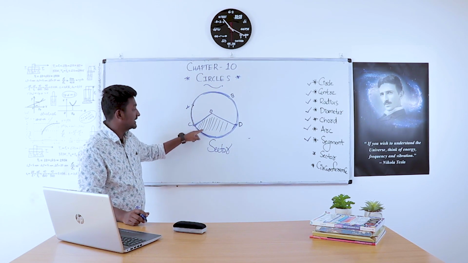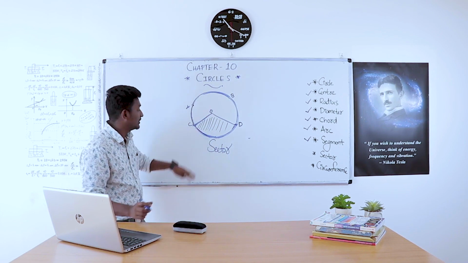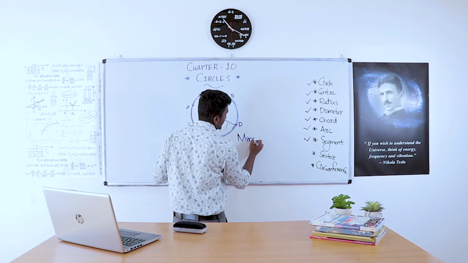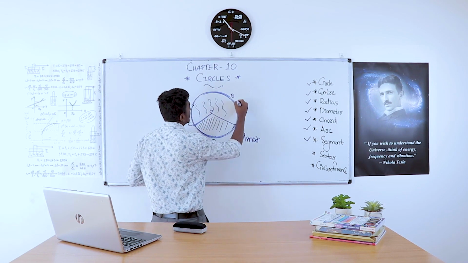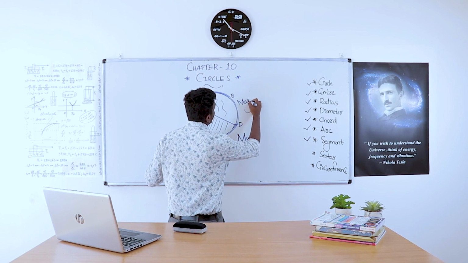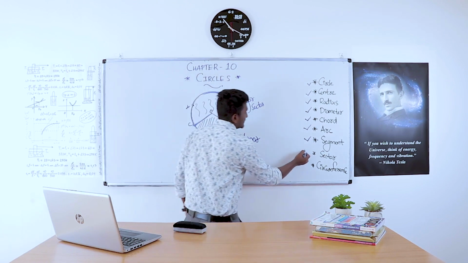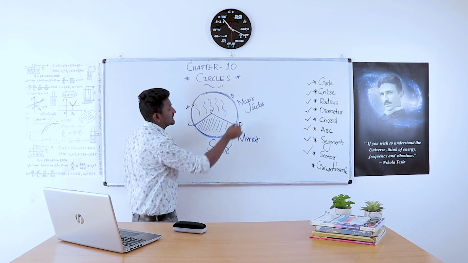Now look at this figure. This is the smallest region where the radius of the circle and arc are joined. Therefore, this is the minor sector. And what is the remaining region? This is the larger one. Therefore, it is called the major sector. That's all about sector.